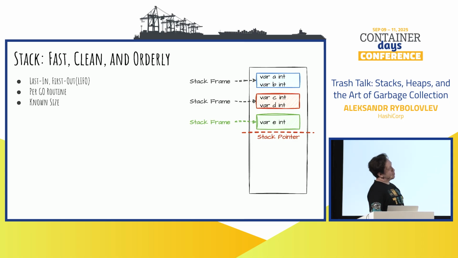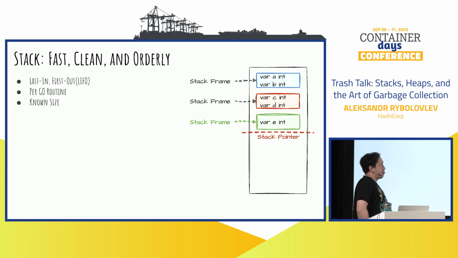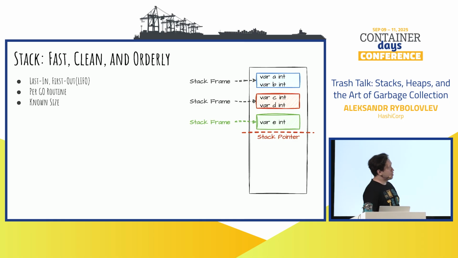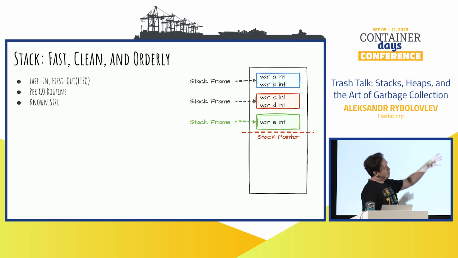And at the bottom we have a stack pointer. The stack pointer helps the Go runtime to allocate memory really fast, because we know exactly where we need to start allocation. The stack frame size is known at compile time.